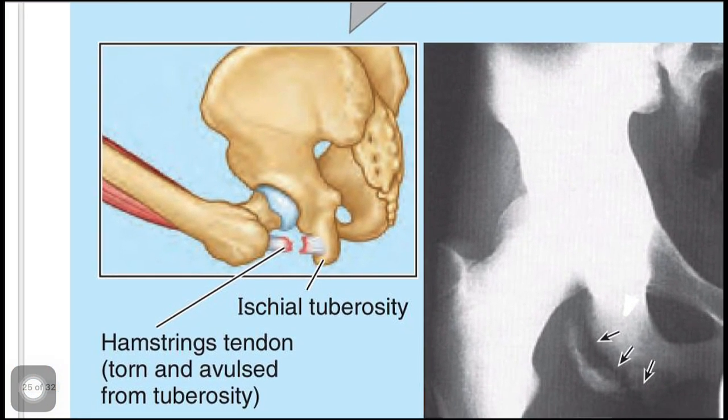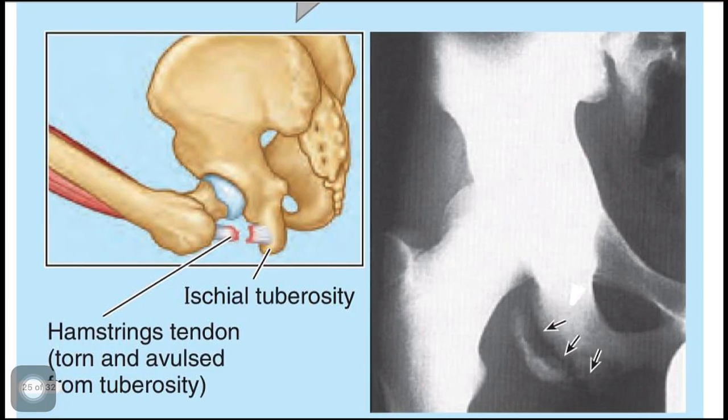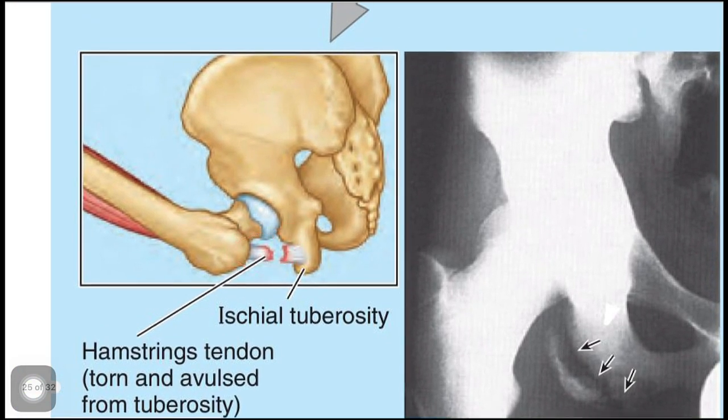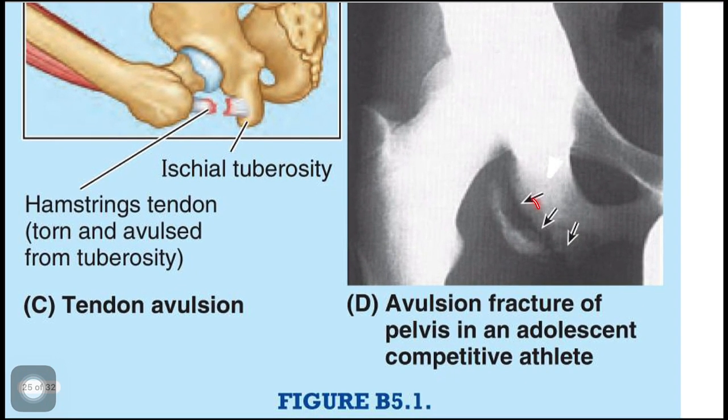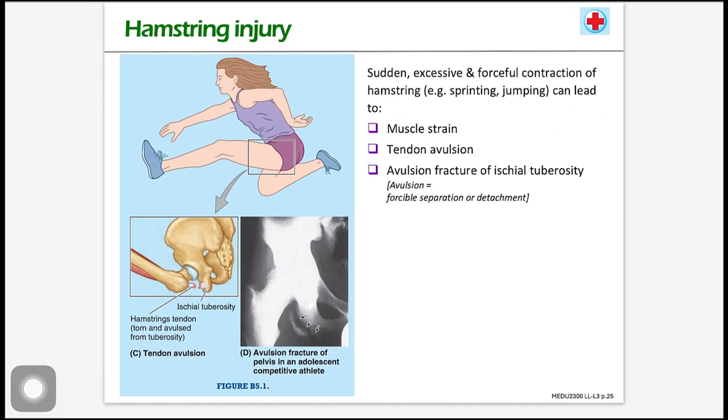Remember the hamstring tendon is inserted to the ischial tuberosity. Either the tendon is torn, or if the tendon is still strong enough, it may split or have a small fracture that moves part of the ischial tuberosity out. So these are the injuries.